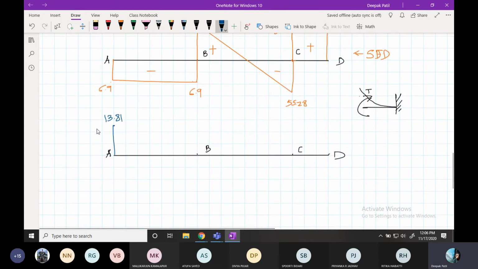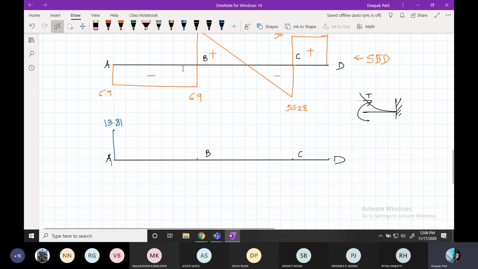Then if you see the shear force diagram, there is no zero shear force here, so you can directly calculate the bending moment at B. It is simply the area of this shear force diagram. So plus 13.81 and minus the area of this shear force diagram. Why am I putting minus the area? Can anybody tell me?